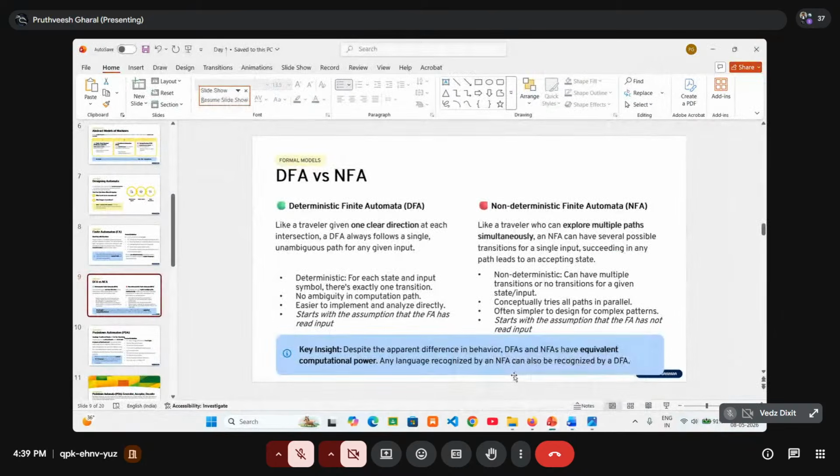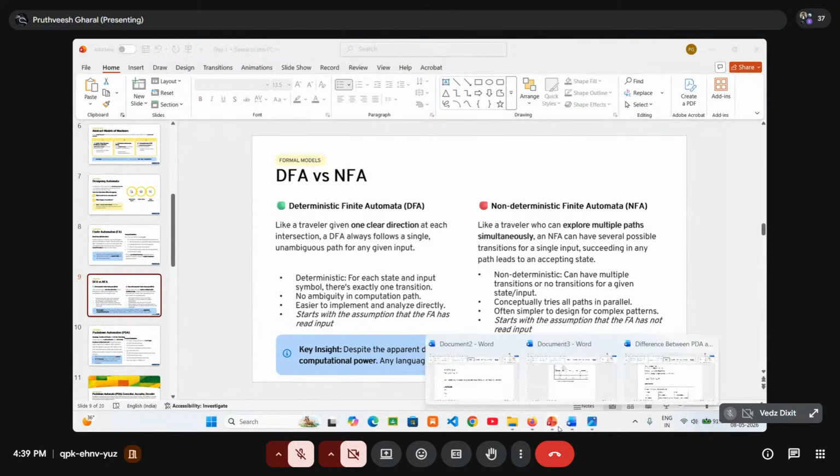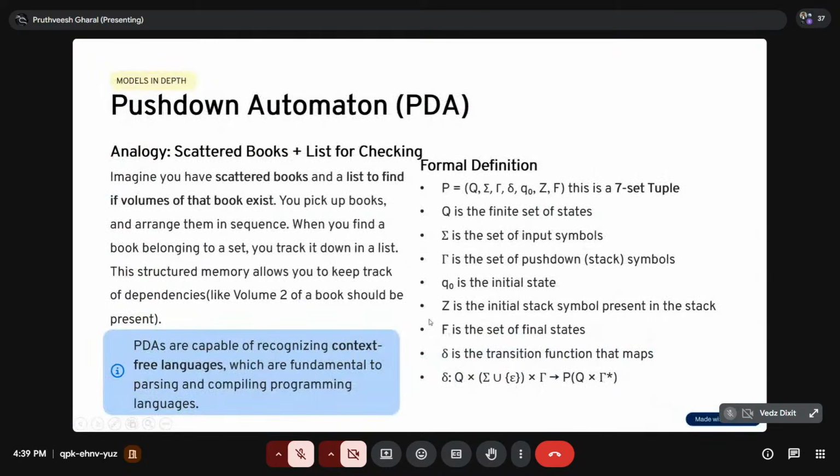That is the basic concept of a push down automaton: it helps us track our dependencies.